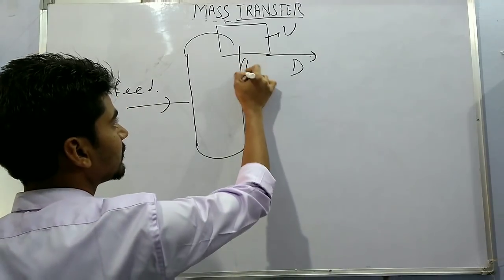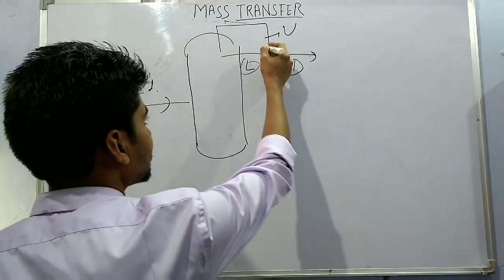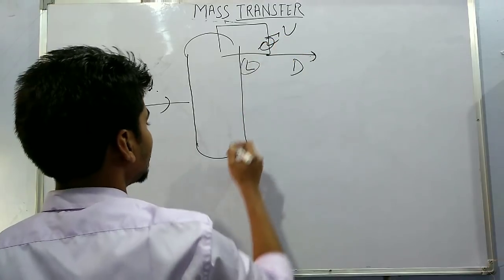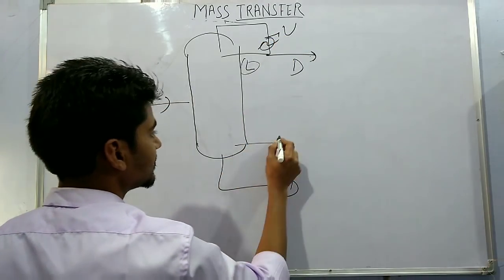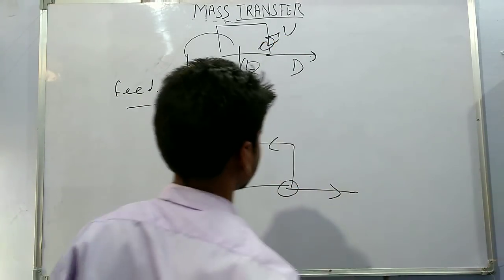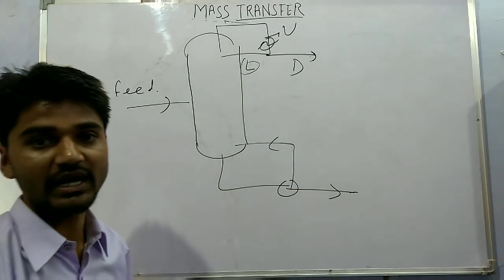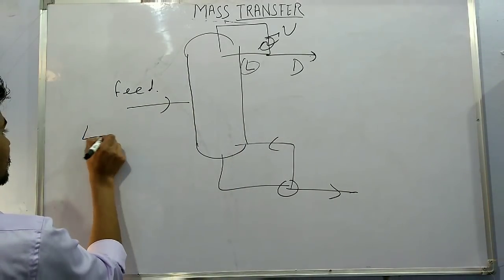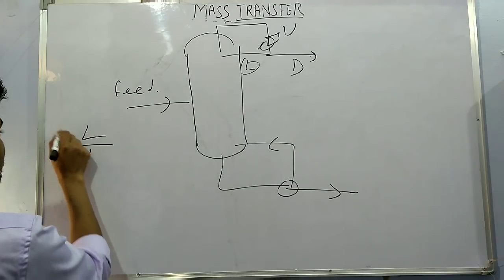This is the liquid flow rate used as a reflux after condensation, and this is the bottom stream. Now here we have been asked the ratio of liquid to vapor.